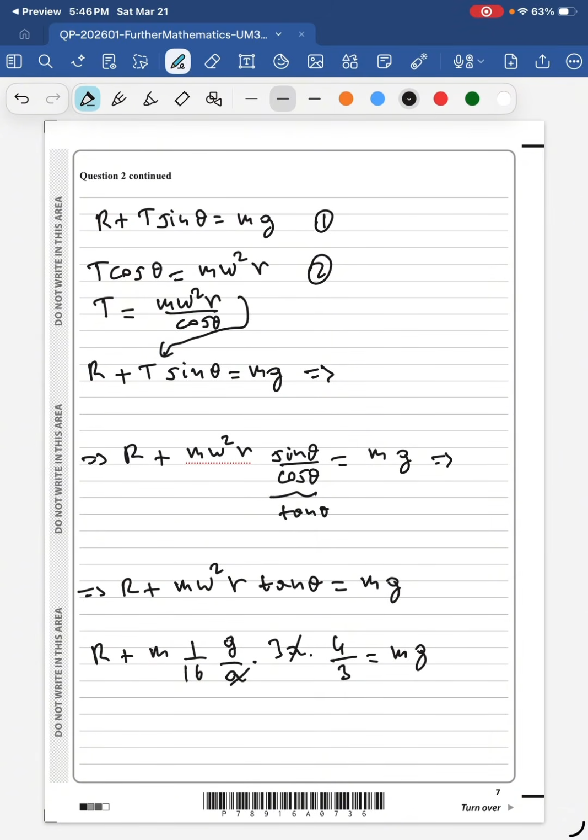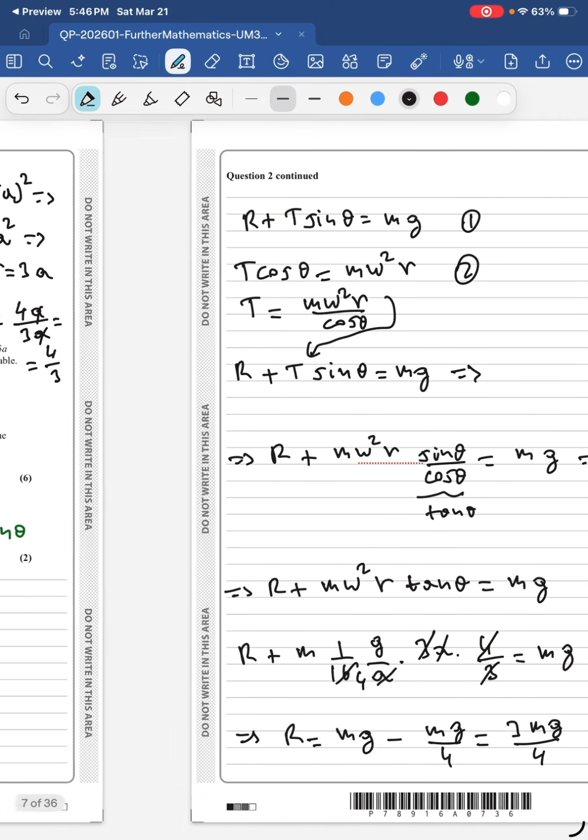Let me see. 3 cancels, and then we can cancel that and make it a 4. So R is mg minus mg over 4, which is what's left from this massacre over there. So mg over 4. So R is 3mg over 4. This was quite something, but that's the answer.